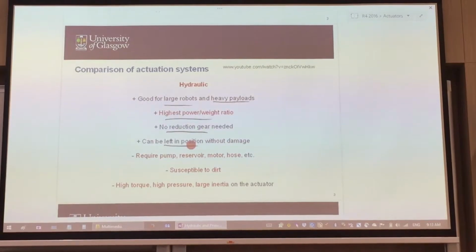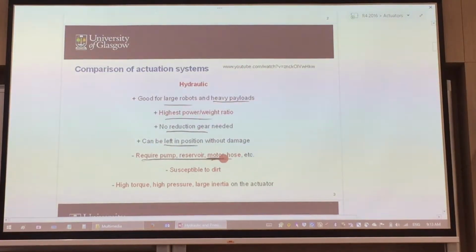So, how about the disadvantages? This is what it is, not for small systems because it has a lot of components: reservoir, hose. You're going to see this thing most of the time, which is interesting because why is there a motor in a hydraulic system?